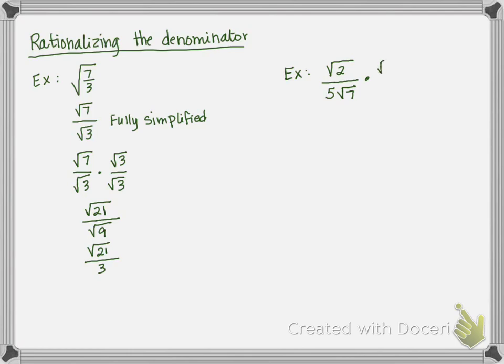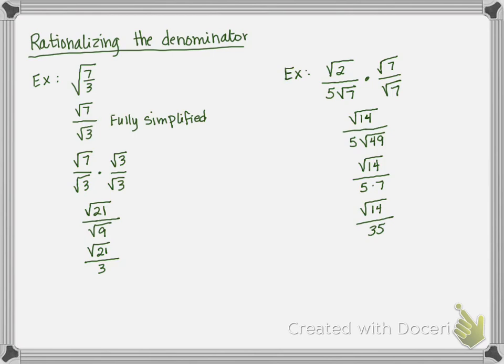So I would multiply by the square root of 7 over the square root of 7. And that gives me the square root of 14 over 5 times the square root of 49, which is the square root of 14 over 5 times 7, which is just the number 35.